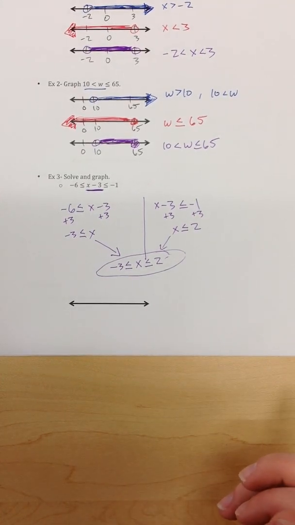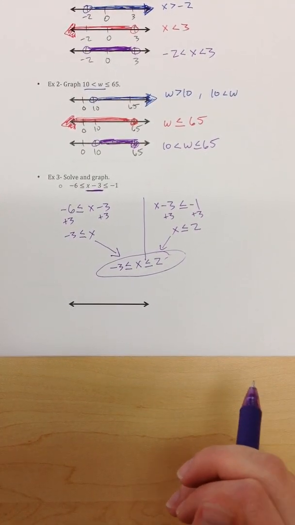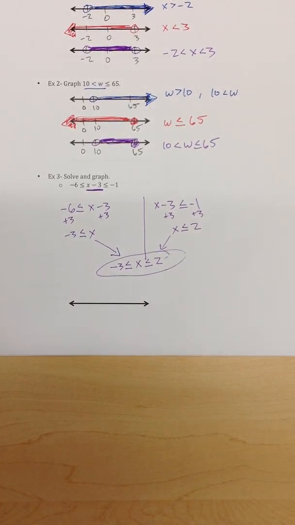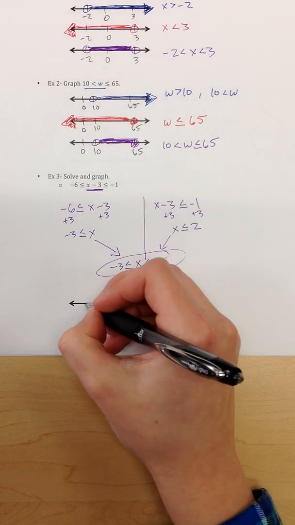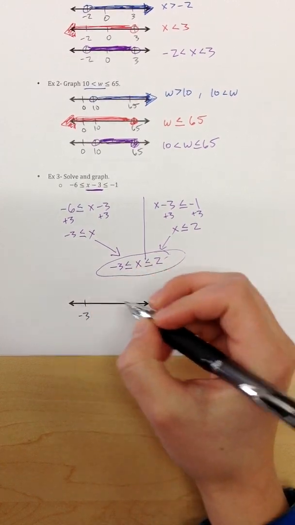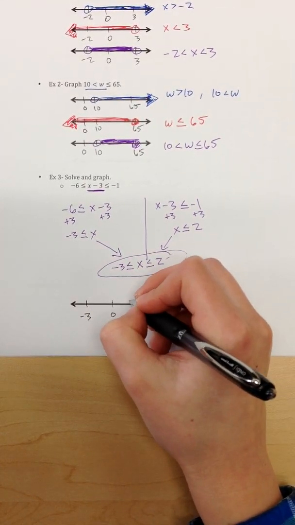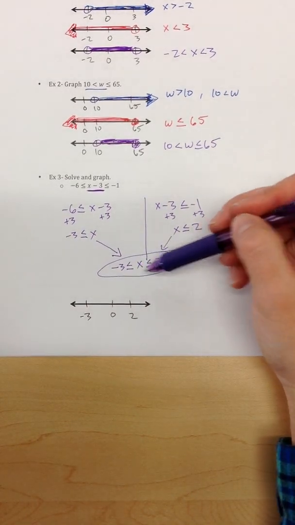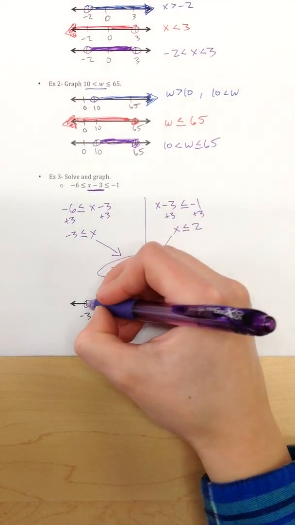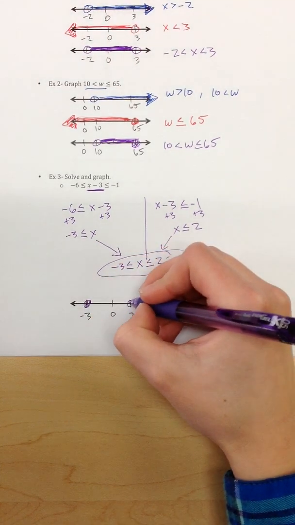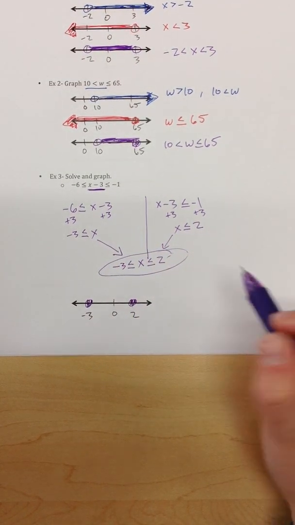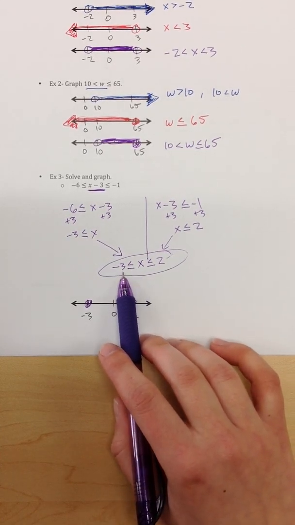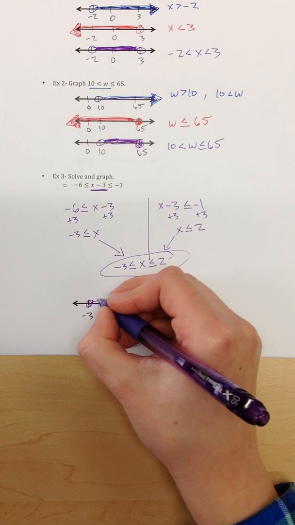And then what we do is we graph it just like we did before. Now, like I said, the better you get at these, you don't have to do 3 graphs out. What I usually do is I'll take those numbers there, so like I've got -3, 0, and +2. I know it's going to be closed circles on both of them, so I'm going to have filled in there, filled in there. Now with this one here, I want all numbers that are bigger or equal to -3, so that would be going that way.